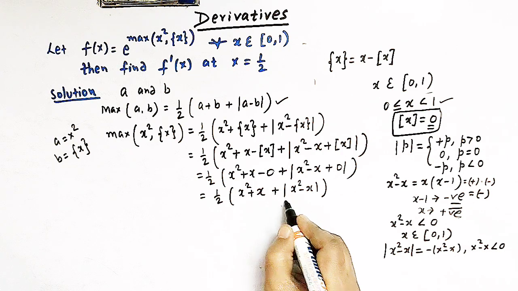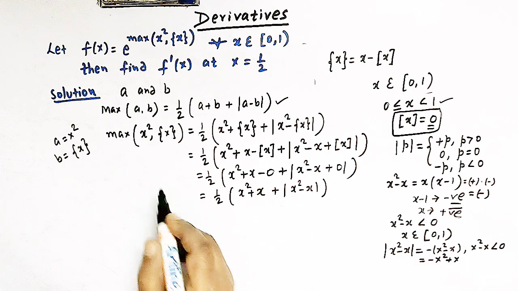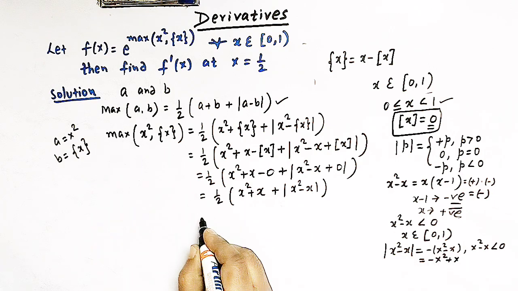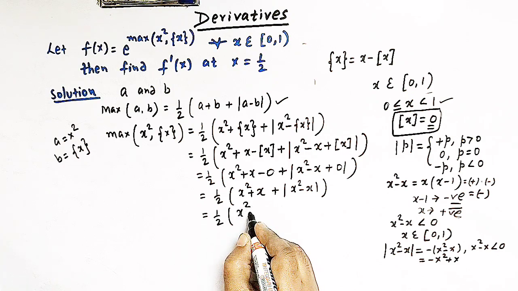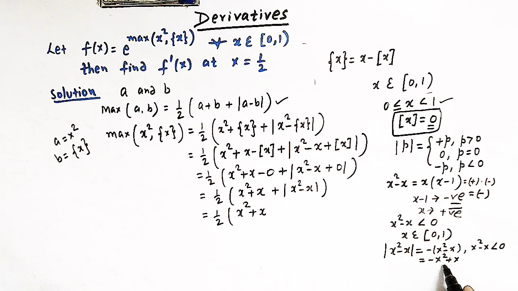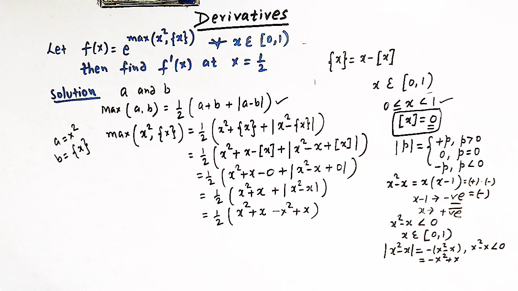Now replacing mod of x square minus x by the negative of x square minus x, that is minus x square plus x, the maximum of x square comma fractional part of x becomes half, and here we have x square plus x, and mod of x square minus x is negative x square plus x, right?